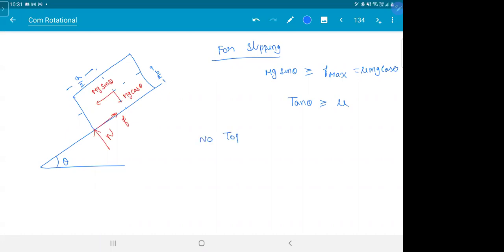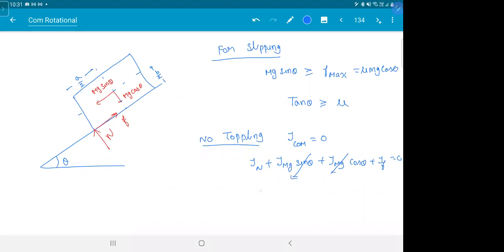For no toppling, if you take torque about the center, you get torque due to mg sin theta, torque due to mg cos theta, torque due to friction, torque due to N, total should be 0. This guy is 0, this guy is 0.